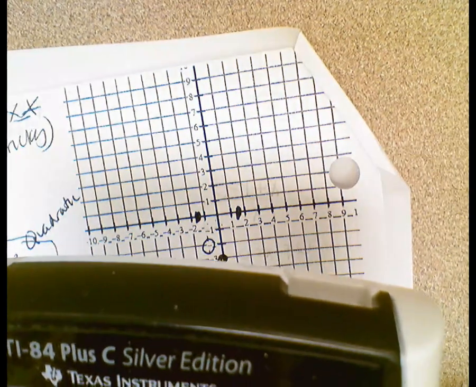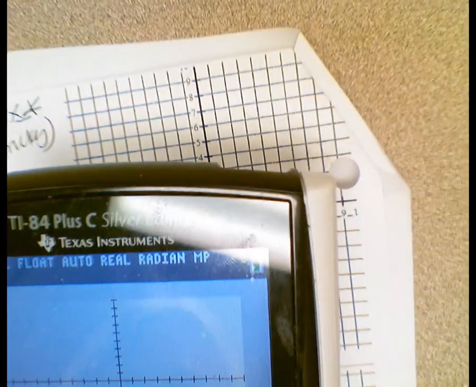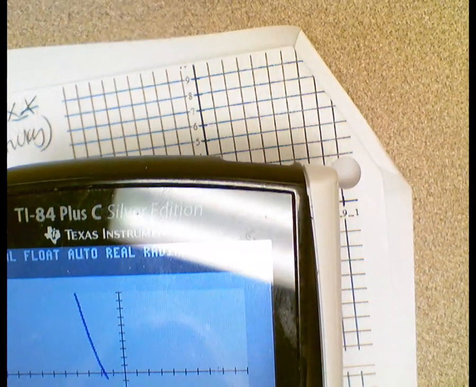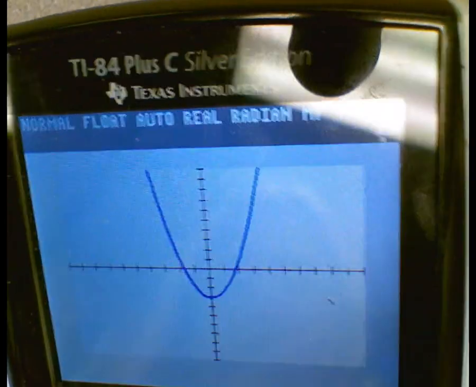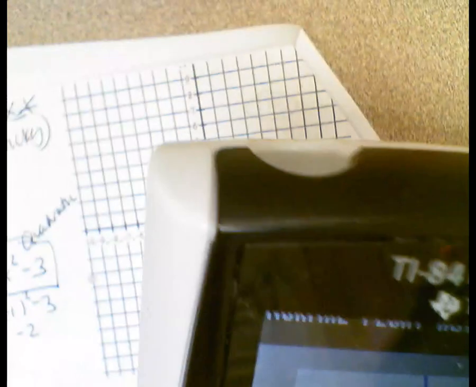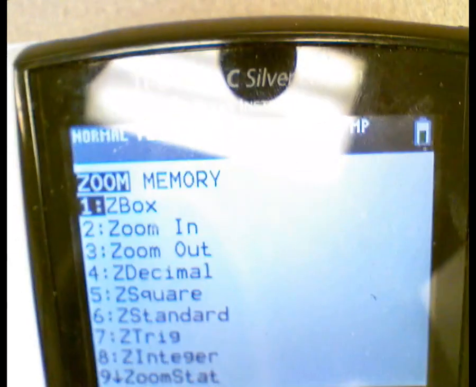Okay, we are going to graph zoom 6. I said there was a hole, right? Negative 1, negative 2. Can you see a hole there? Can't really see that. So you know what I'm going to do? I'm going to press zoom 4.